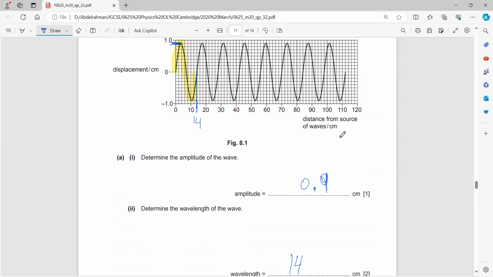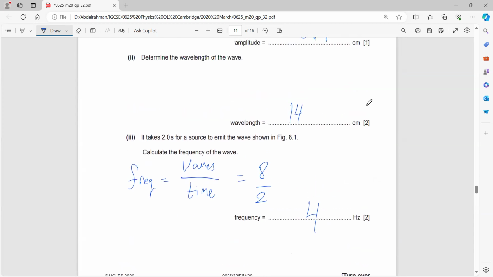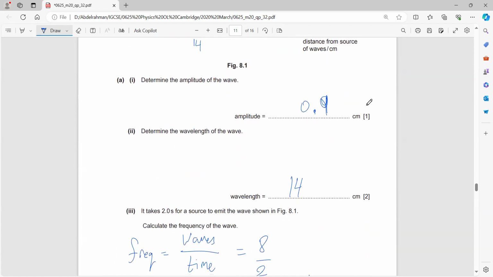How many waves do we have? 8. 1, 2, 3, 4, 5, 6, 7, 8 waves. So frequency equals the number of waves over total time. The number of waves is 8 and the total time was 2 seconds, so the frequency is 4 hertz. Easy.